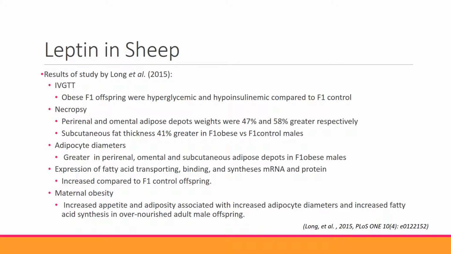Also, expression of fatty acid transporting, binding, and synthesis mRNA and protein was increased compared to F1 control offspring, and maternal obesity increased appetite and adiposity associated with increased adipocyte diameters and increased fatty acid synthesis in the overnourished adult male offspring.